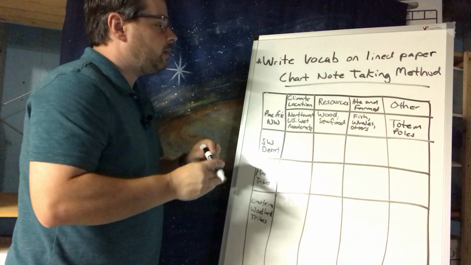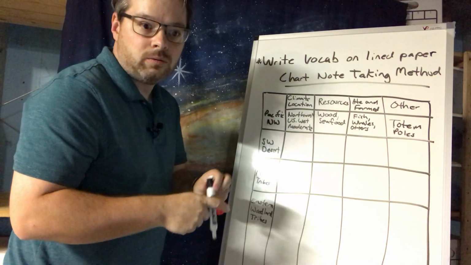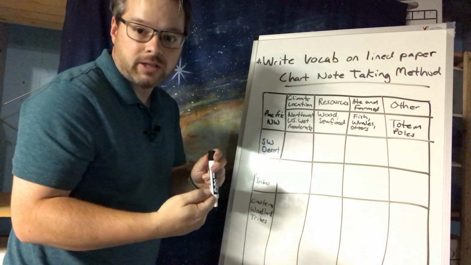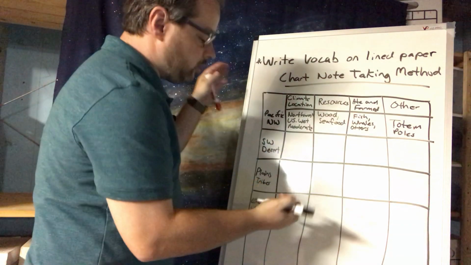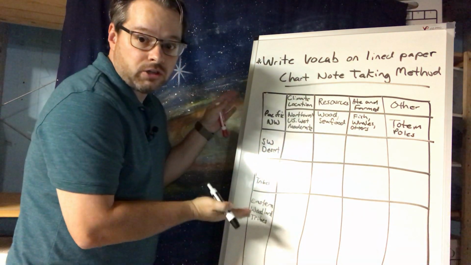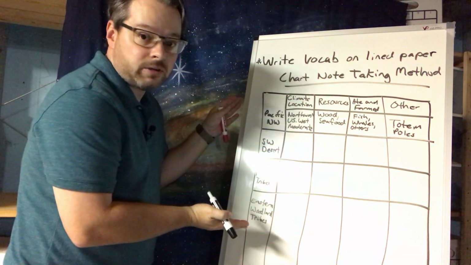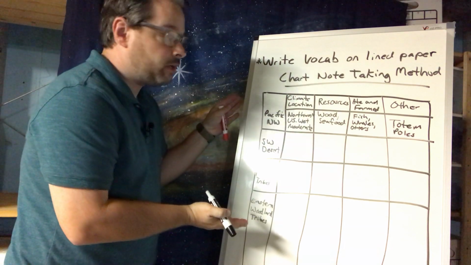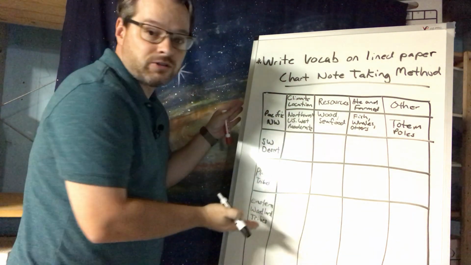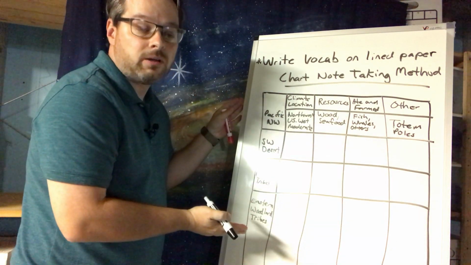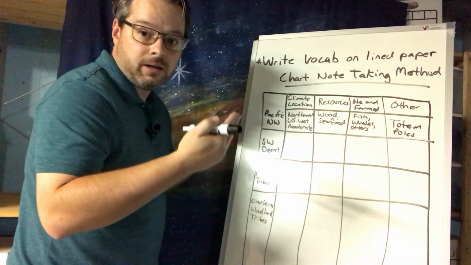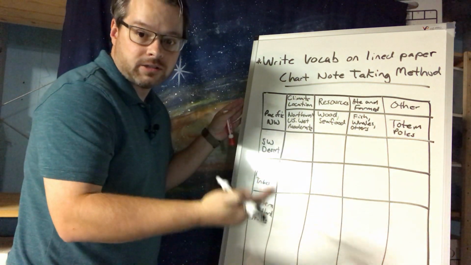And then later on, you will have a check for understanding. You will answer questions. You're going to use this chart to answer those questions. And if you can't answer the questions, then you didn't take notes very well. So then you can go back and rewatch the slideshow.